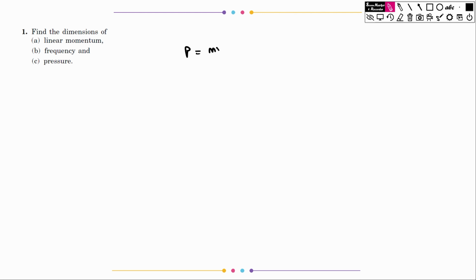P is equal to mv. Linear momentum is denoted by the symbol P. m is the mass of the object and v is its velocity. Now we have to find the dimension for linear momentum.